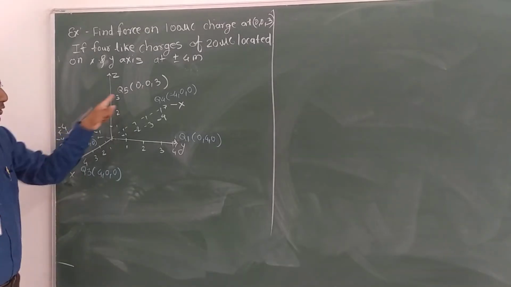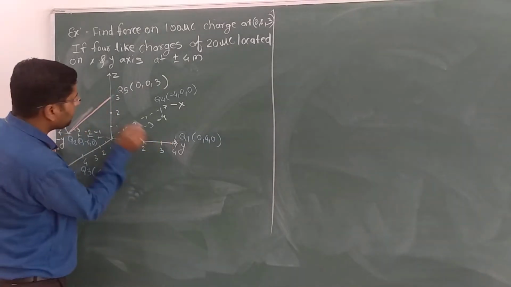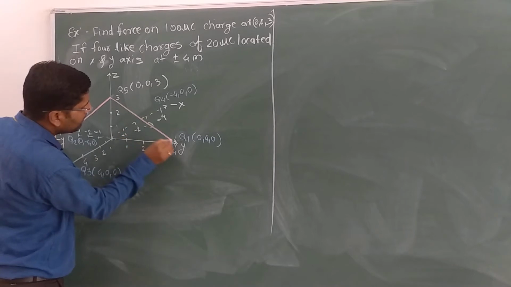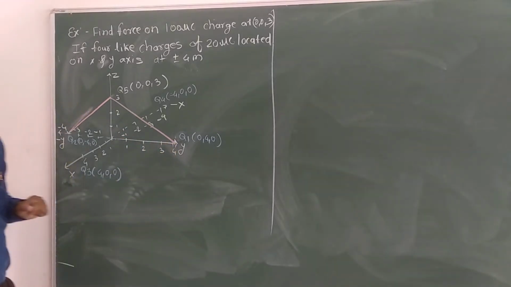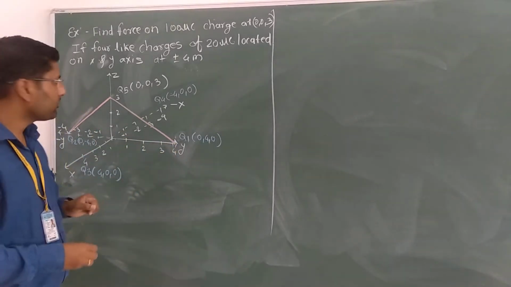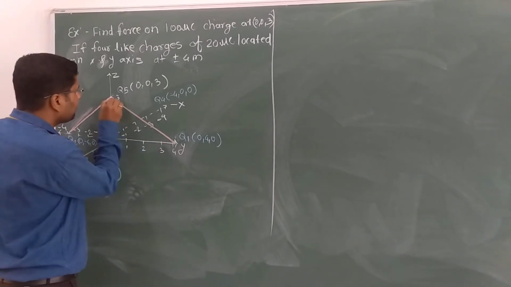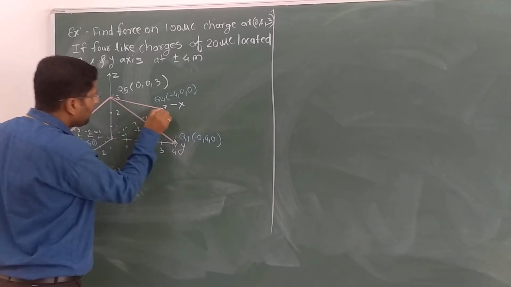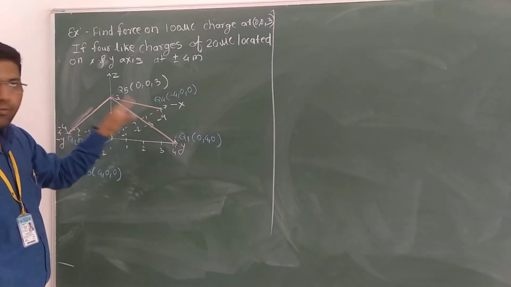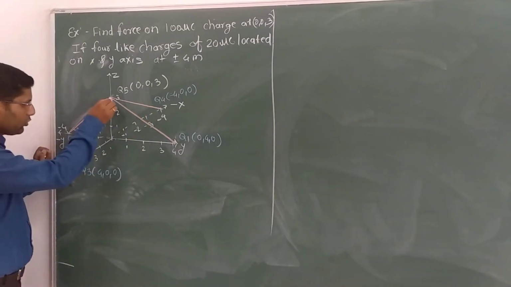I am drawing from Q2, I am drawing from Q1. You can also draw along with me so you will understand easily. From Q4 also I am drawing, and the last one is Q3.